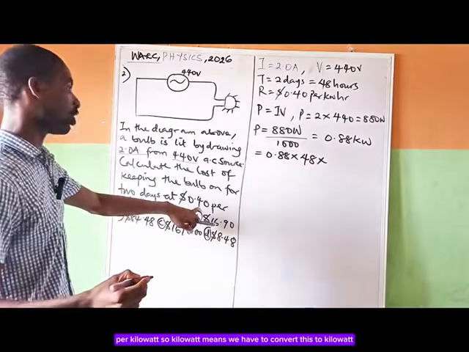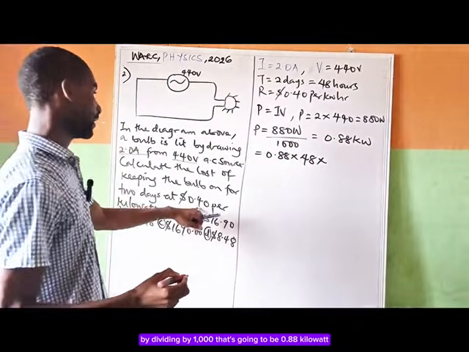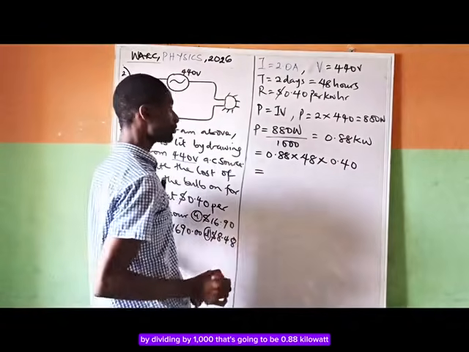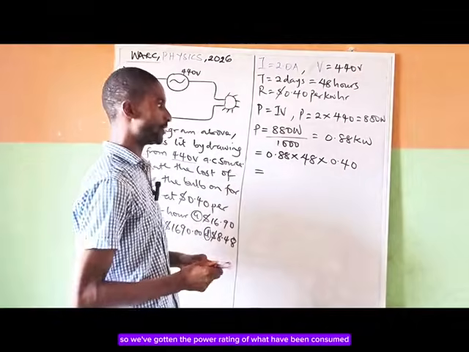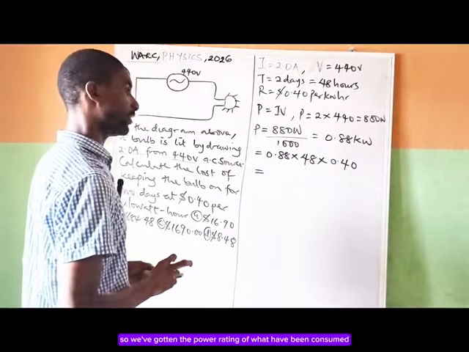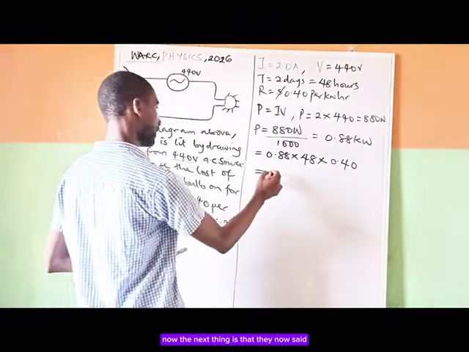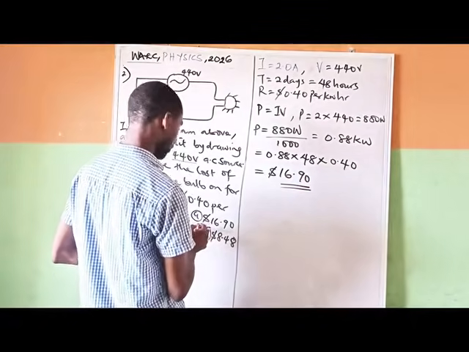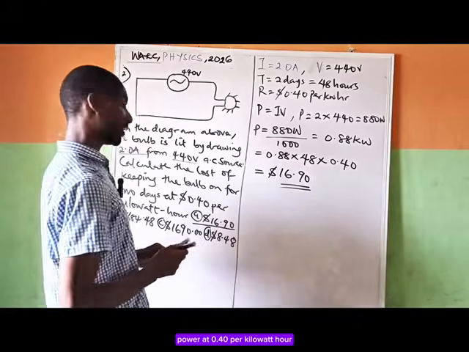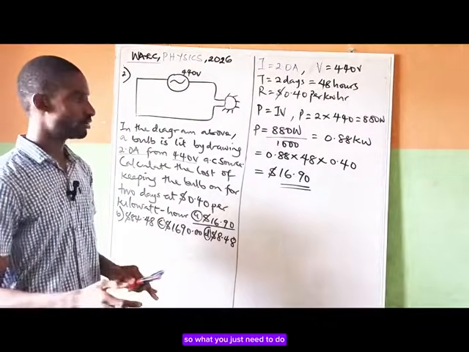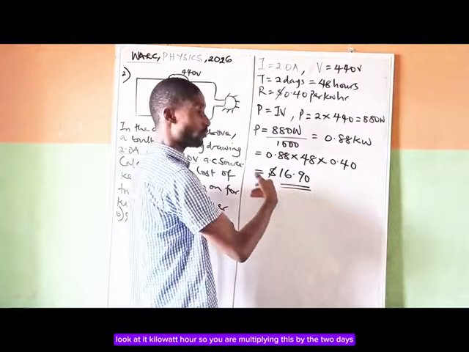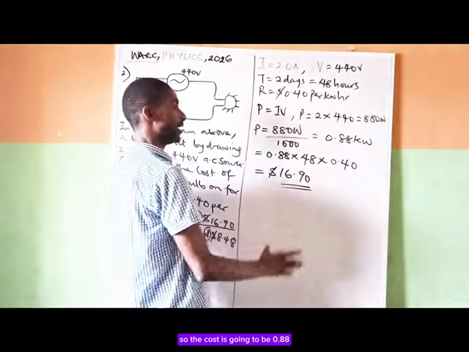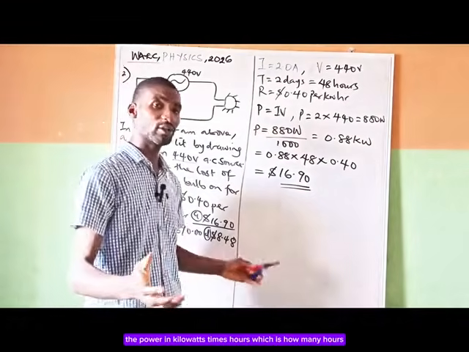Then multiply by the cost per kilowatt hour, that is 0.40. So when you multiply 0.88 by 48 hours by 0.40, your answer is going to be $16.90. And we have that in the options. So option A is the answer to this question. It could be in naira, or in dollars, whatever the case may be, the answer is 16.90.